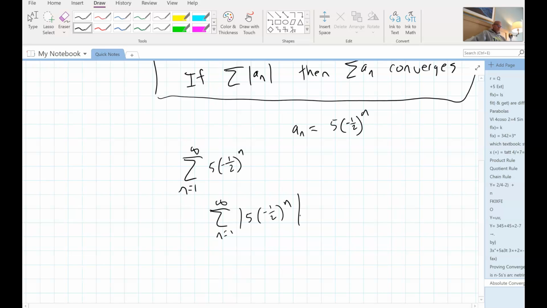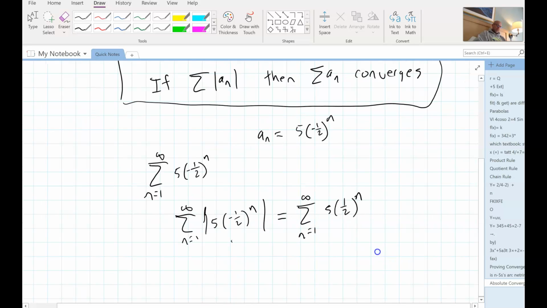Well, if we have the absolute value of every term, then this is going to be the same as 5 times 1/2 to the n, because the negative in there only changes the terms between negative and positive, it's not going to change the values at all.